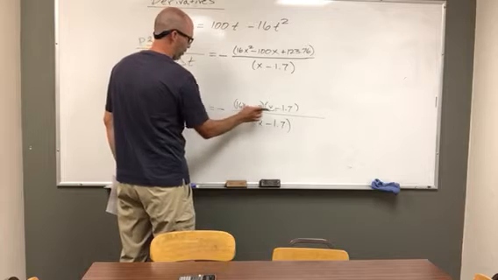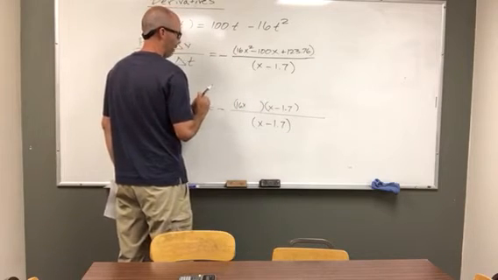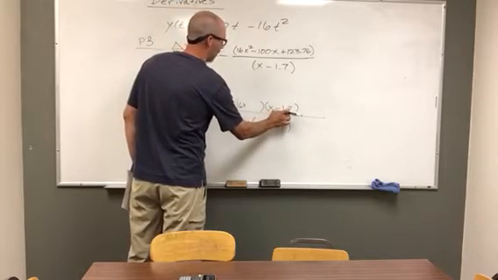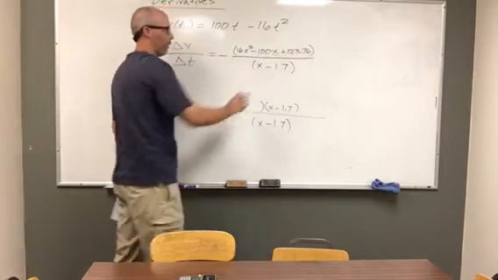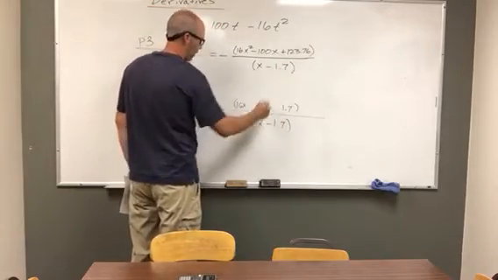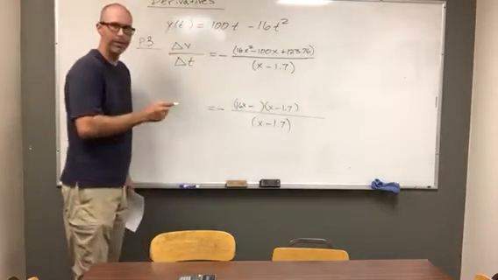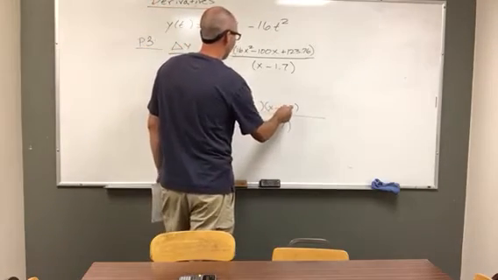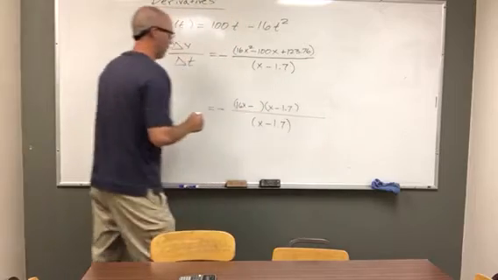The firsts give you 16x squared, and the lasts, something times negative 1.7 is going to give you a 123.76. Well, first of all, if it's a negative here and that's positive, we got to have a negative there. Right, so negative times a negative is a positive. Okay, now what times 1.7 equals 123.76?